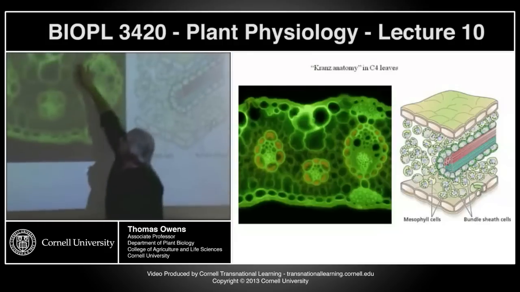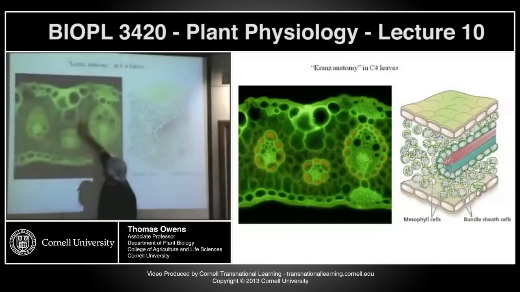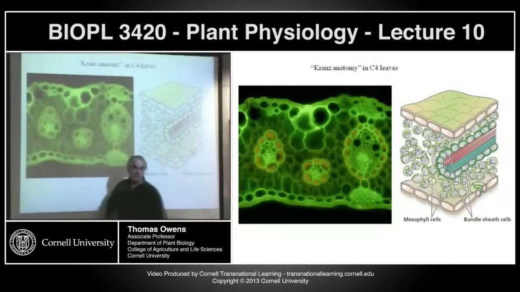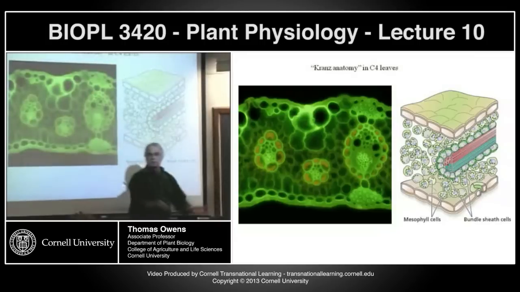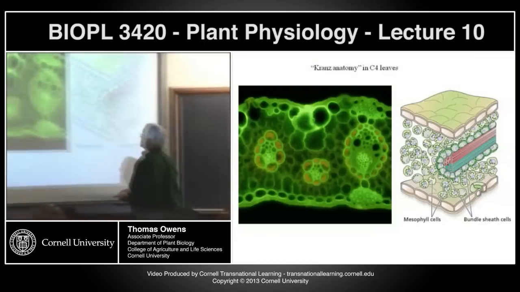So in this one there isn't really any palisade cells. There's mostly just spongy mesophyll, all these guys. And then these are the vascular bundles. And the bundle sheath cells are these cells that surround the vascular bundles. Okay, they're sort of like the boundary between the mesophyll cells and the vascular tissue.